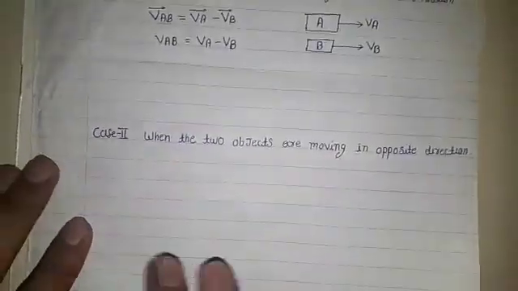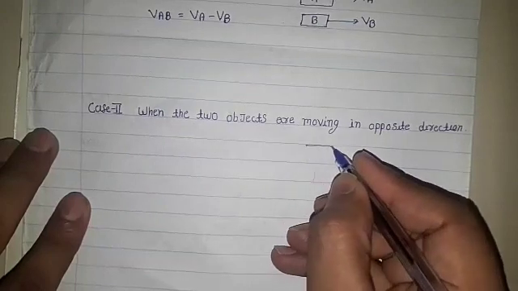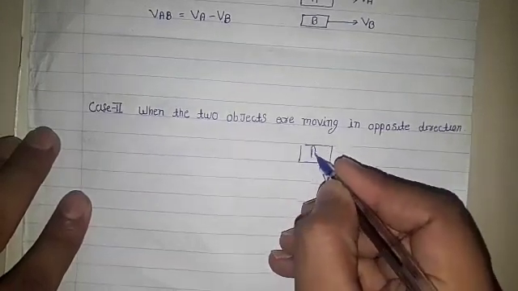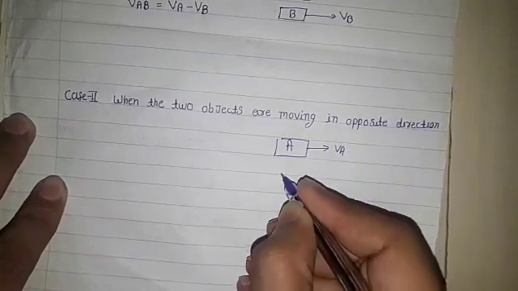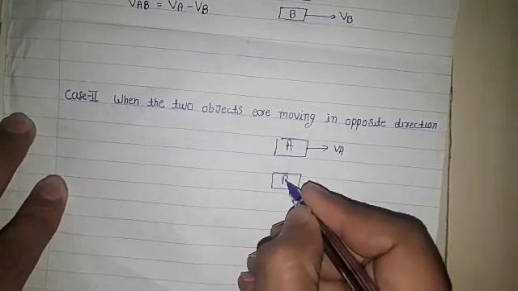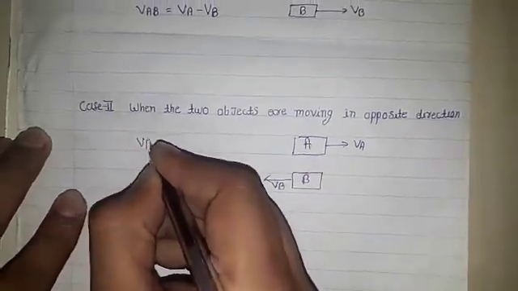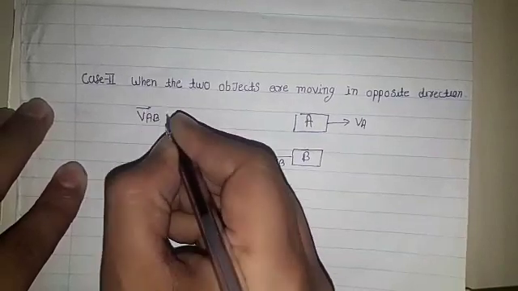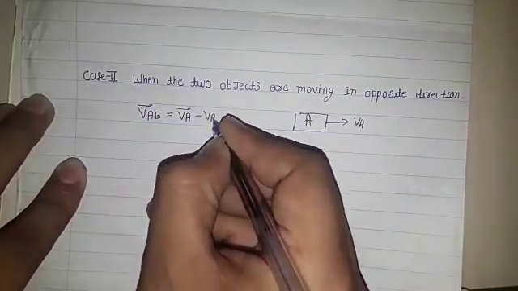Next, case 2: when two objects are moving in opposite directions. Suppose object A is moving with velocity VA and object B is moving with velocity VB in the opposite direction. So the formula for relative velocity is VAB vector equal to VA vector minus VB vector.